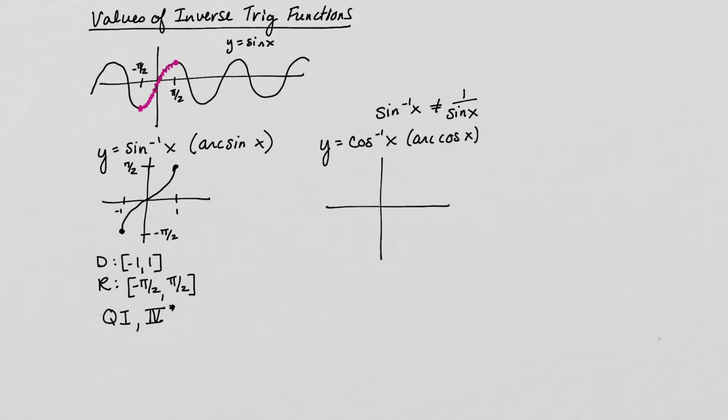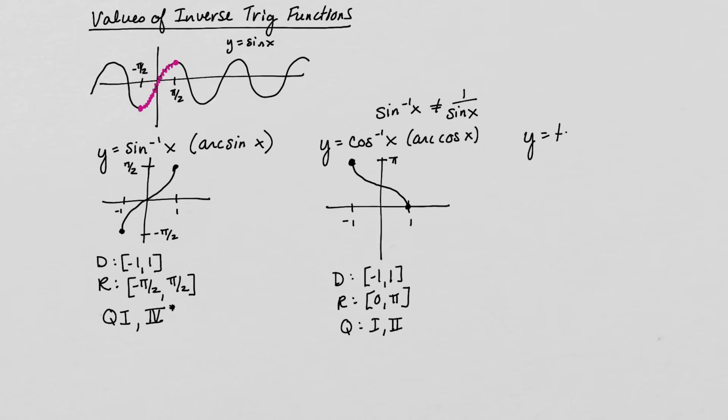This function looks like this, and it's going between, again, -1 and 1, but this time it's going all the way up to pi. So the domain is -1 to 1, the range is 0 to pi, and it is in quadrants 1 and 2. These are just coming from where we're restricting things.